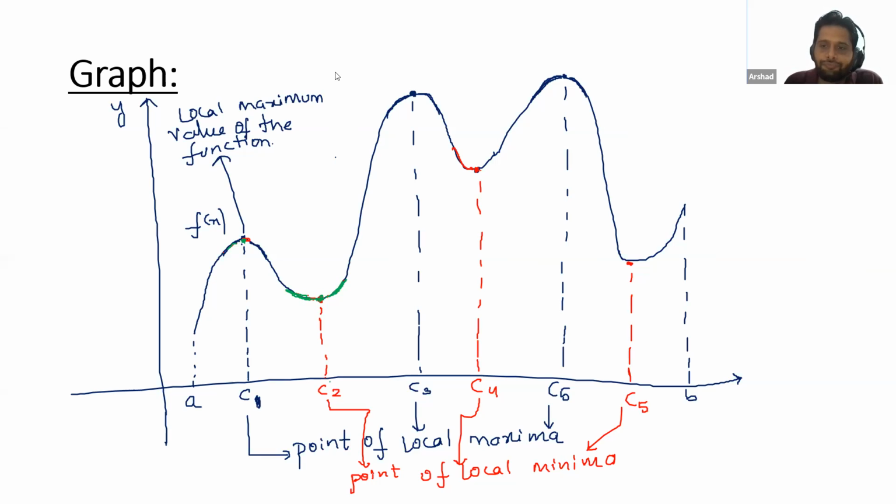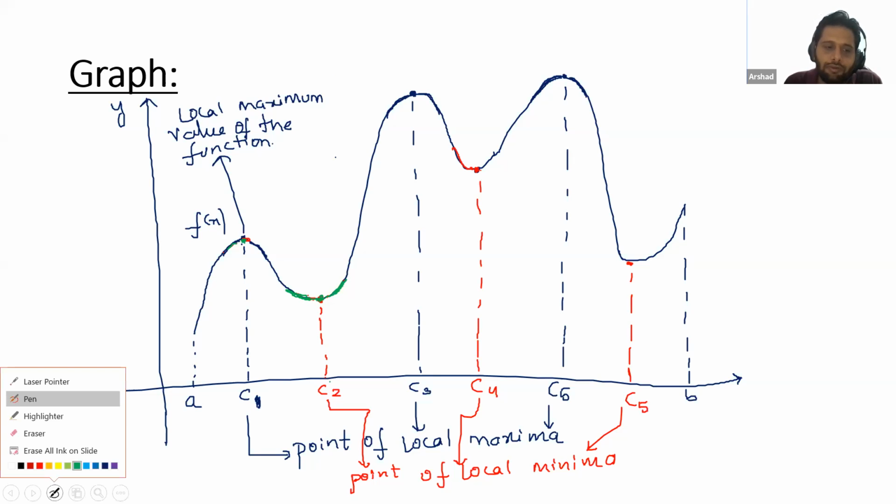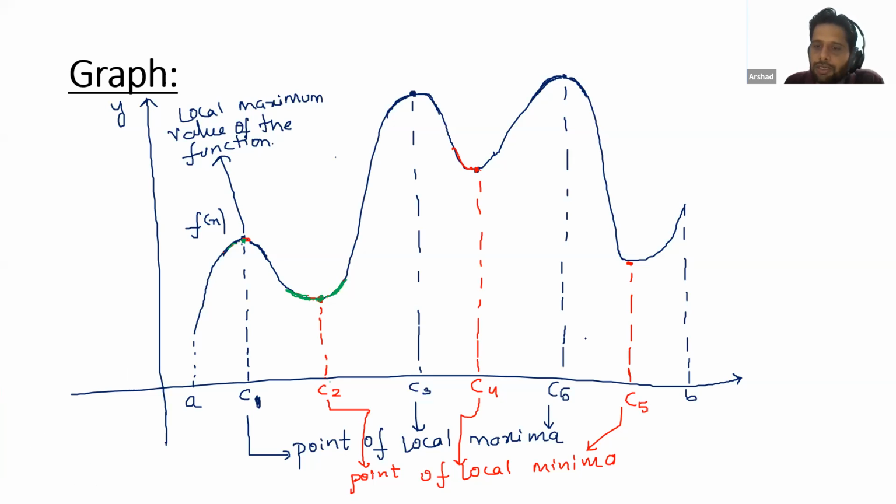So local maxima and local minima always occur at the turning points. You will get the point of local maxima and local minima at the turning point only. And I will draw this graph like this right now.